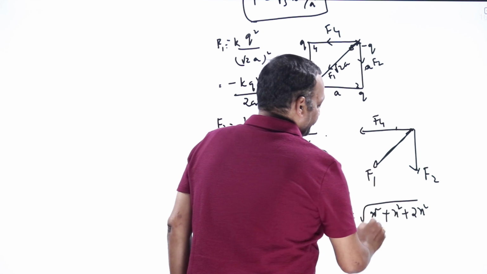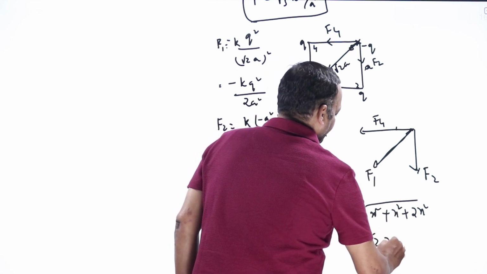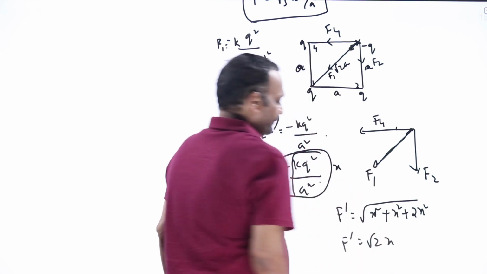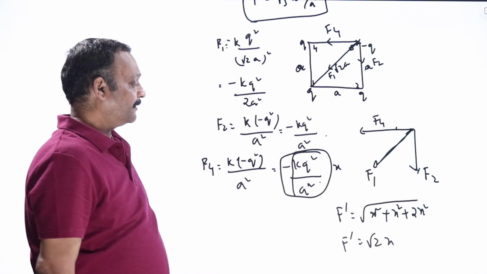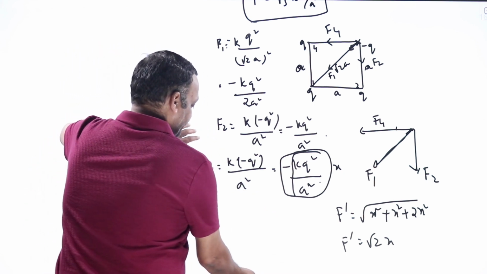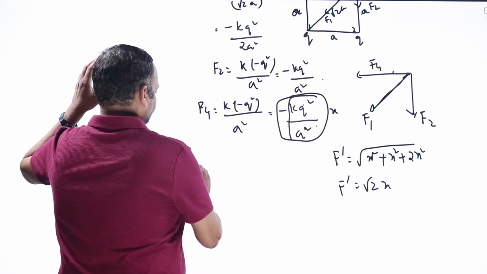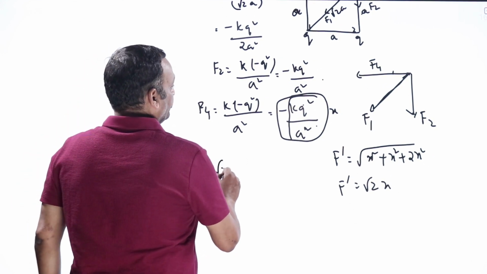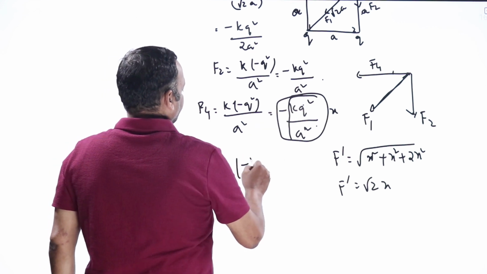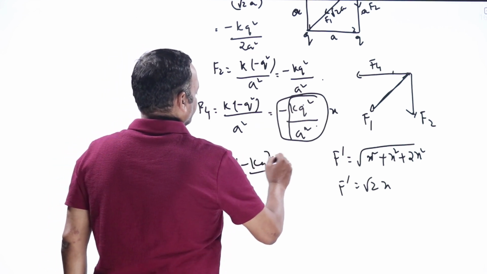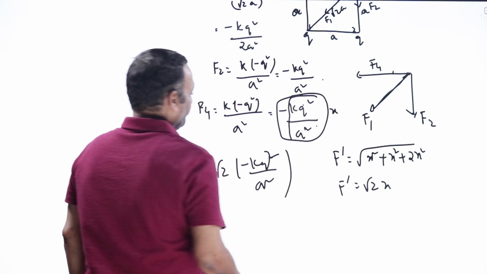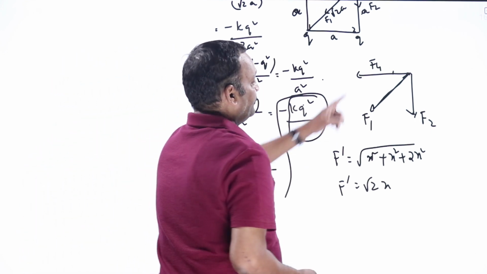That is nothing but root 2 x, so F dash is root 2 into minus K Q square by A square. Now what is the direction of this force?